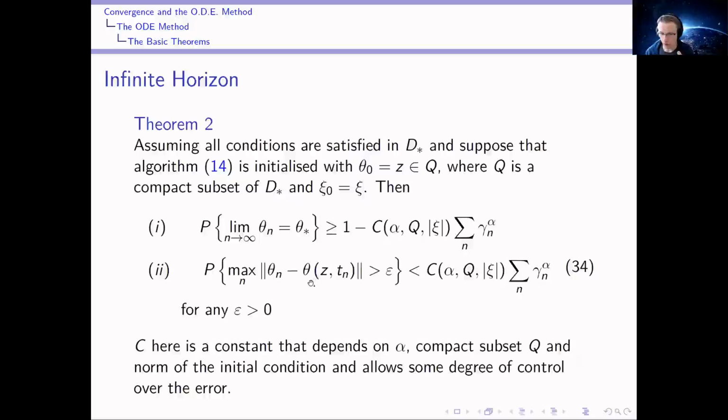So one interpretation is that here we have a scaling of the gain sequence gamma such that theta stays arbitrarily close to the domain with some arbitrarily high degree of probability. And that is the domain within which the trajectories of theta will remain.